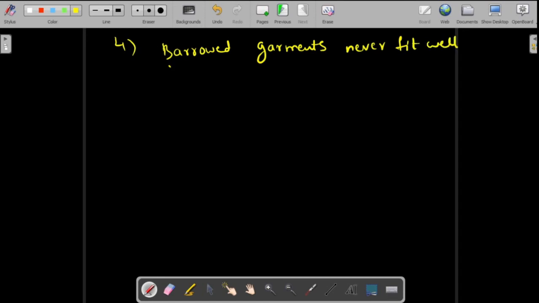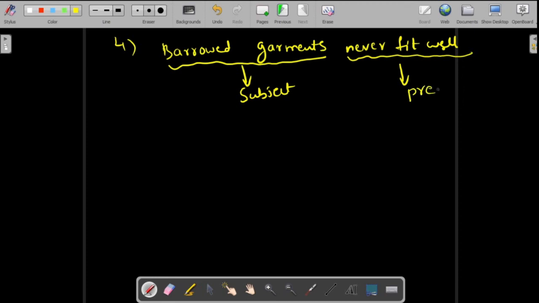Okay, borrowed garments are the subject, meaning we are saying something about these borrowed garments. What we said here is never fit well. Okay, something about these is that they never fit. So we can say this is the predicate.